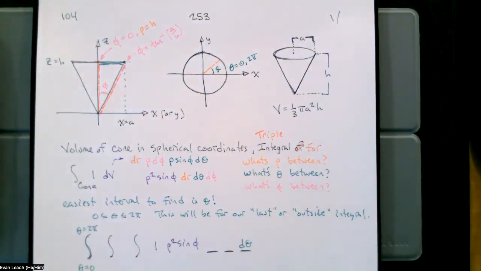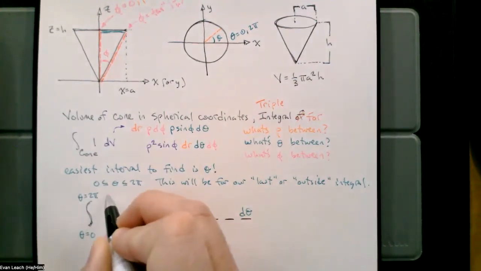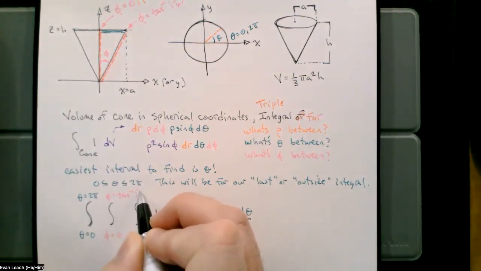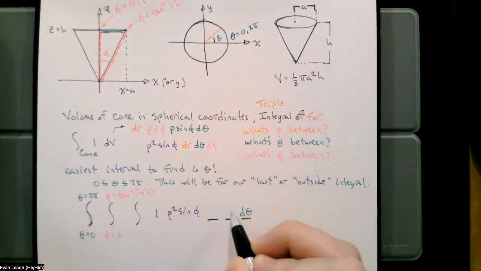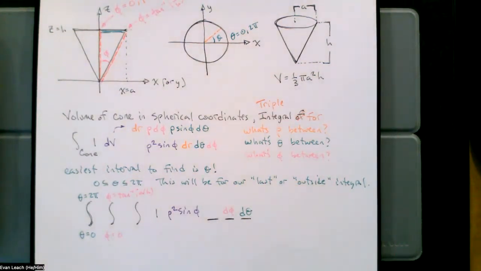That will give us this side view. So phi is between constants. So it looks like d phi is going to be my middle integral.